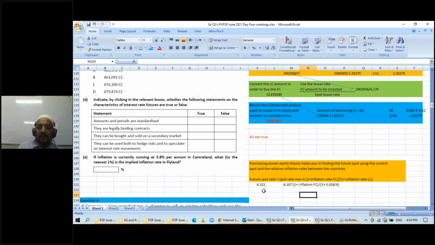So the inflation rate over here, by solving this equation, you will get the inflation rate in the foreign currency, which is equal to 0.1368. And they say to give it to the nearest percentage.